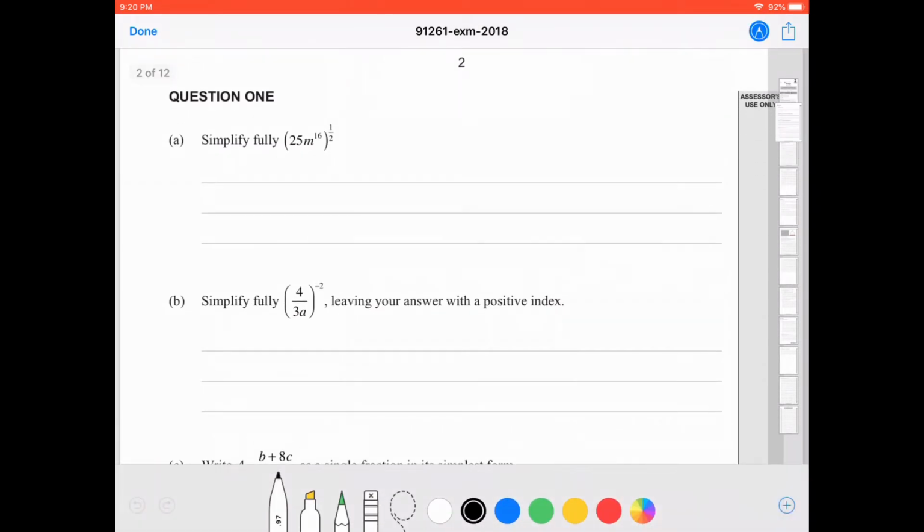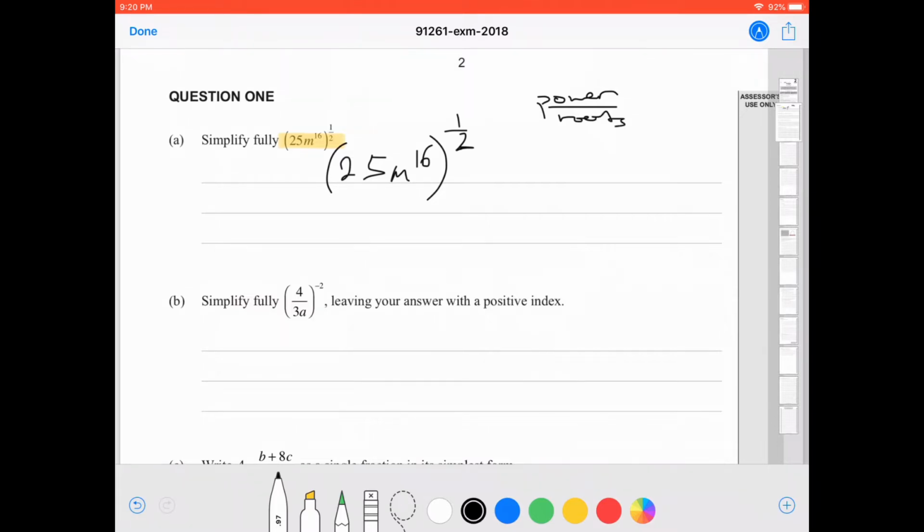So, question 1a. We've been asked to simplify fully this expression here, 25m to the power of 16, all raised to the power of 1/2. So we've got 25m^16, and that's all raised to the power of 1/2. Now the first thing to note is we've got fractional indices here, and they are in the form power over root, so that might come in handy.